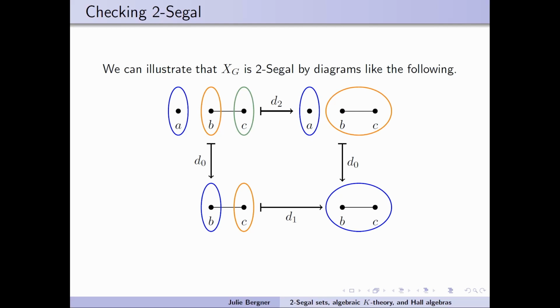I just don't know how to chop things up further into one more set in the partition. But this 2 simplex tells me how to do it. It says I need to split up the B and the C. So if you were just given this data, you could reconstruct that. And that's essentially what the 2 Segal condition is telling you.